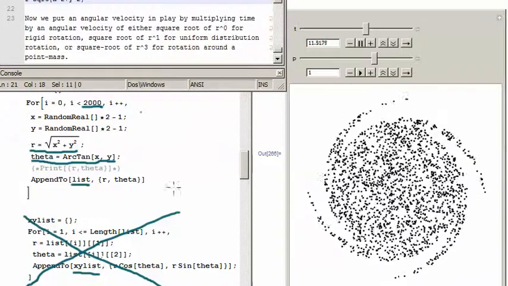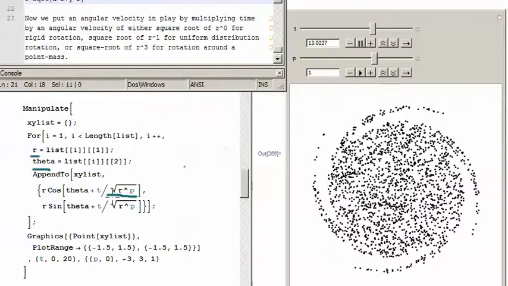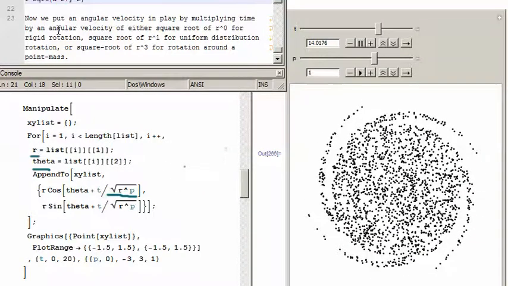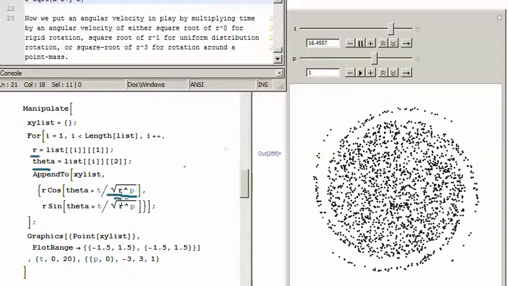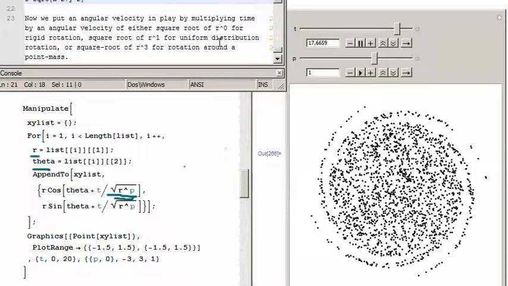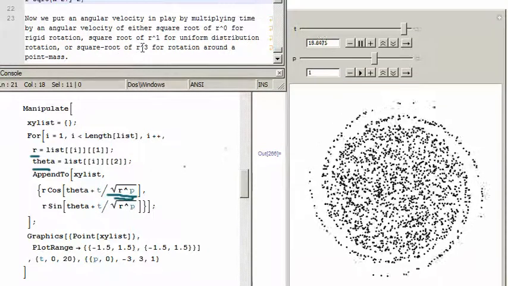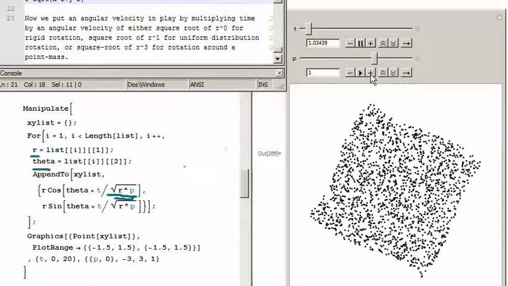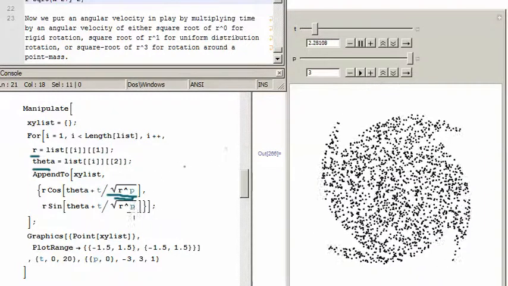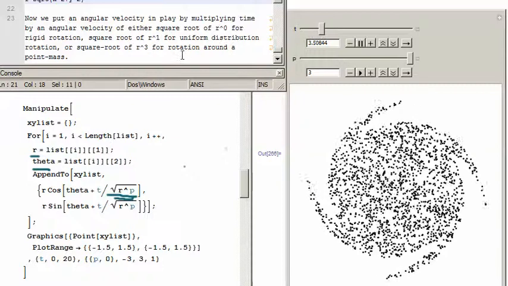Now we put an angular velocity in play by multiplying by an angular velocity of either the square root of r to the first, for uniform distribution rotation, or the square root of r cubed for rotation around a point mass, and I can change that here.